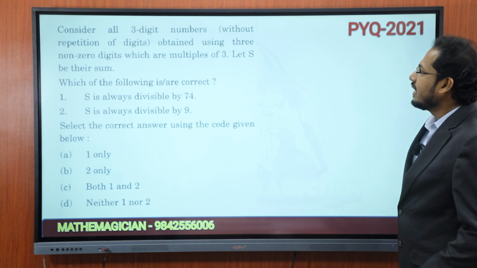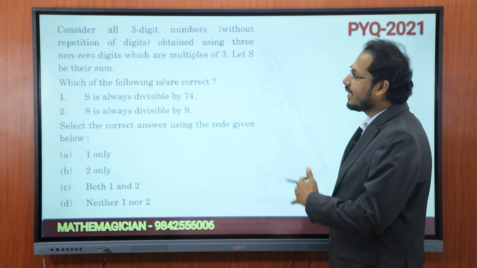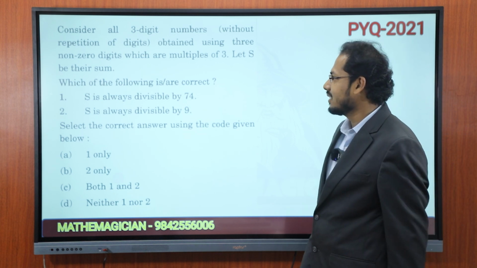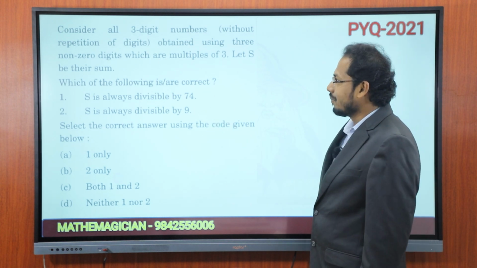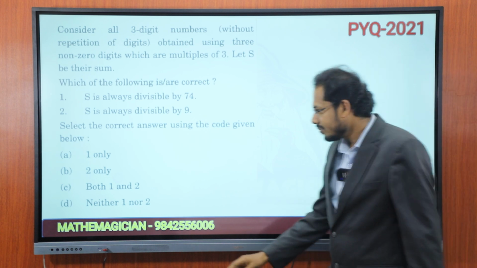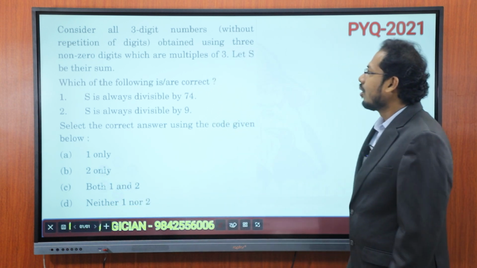Consider all 3-digit numbers without repetition of digits obtained using 3 non-zero digits which are multiples of 3. Let S be their sum. Which of the following? Yes, they are asking 2 statements, right? Let me solve this.